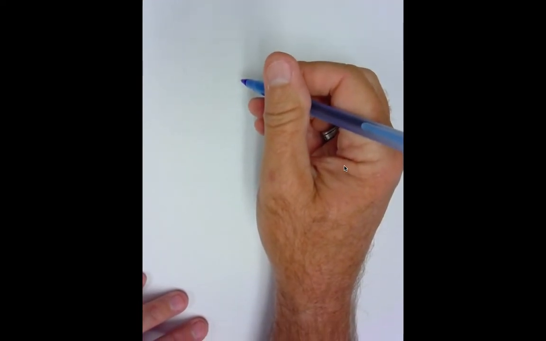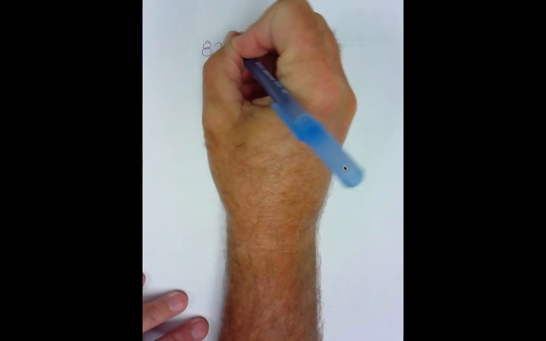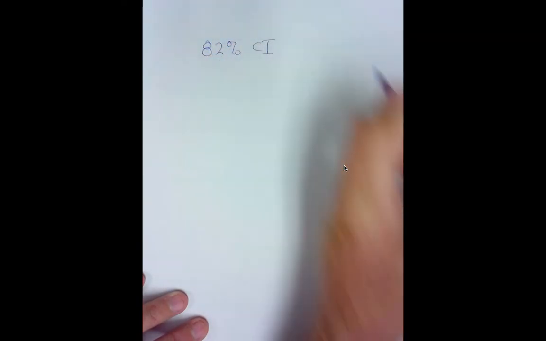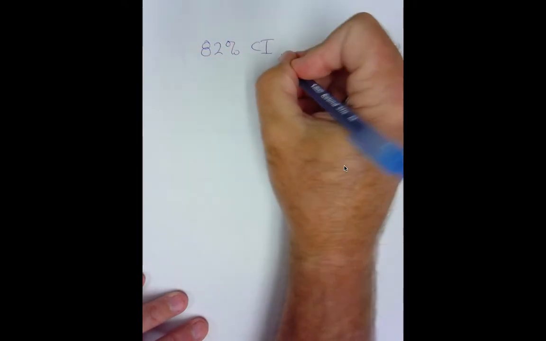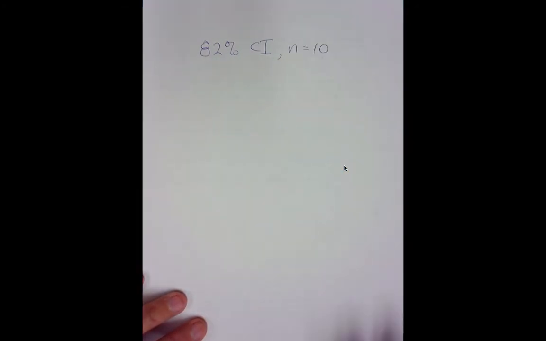I think it's worth looking at, let's just come up with something, although you would never really see a wacky confidence interval like this. Let's say we wanted to do an 82% confidence interval where the sample size was equal to 10.